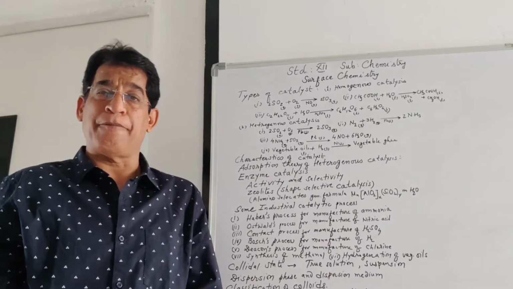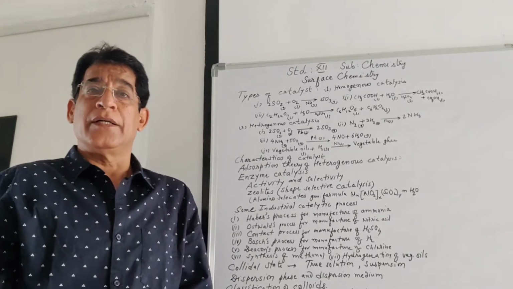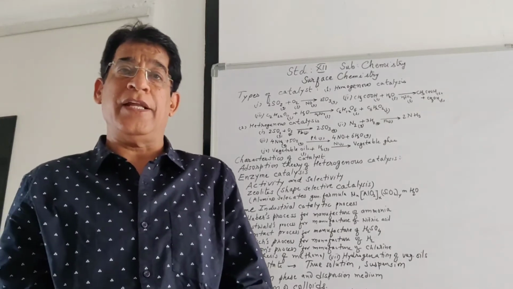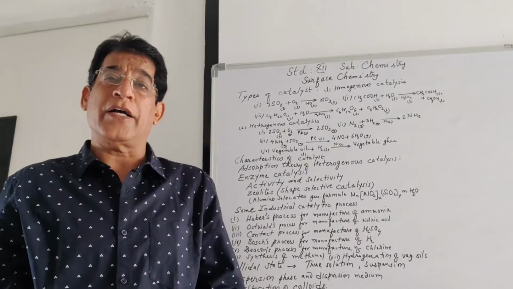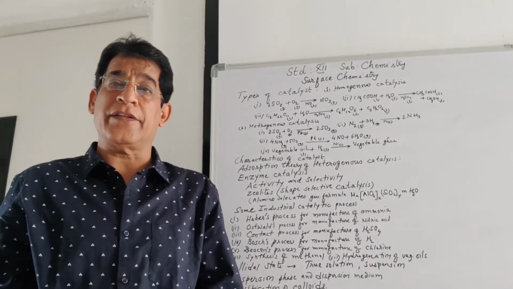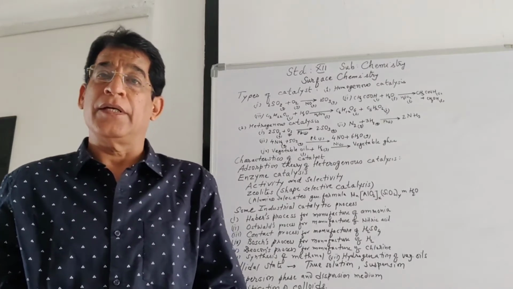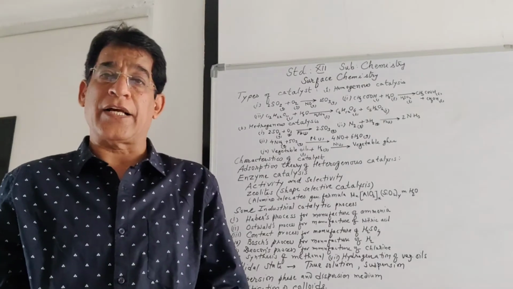Now second type, heterogeneous catalysis. The catalytic process in which the reactants and the catalyst are in different phases is known as heterogeneous catalysis. Some examples of heterogeneous catalysis.